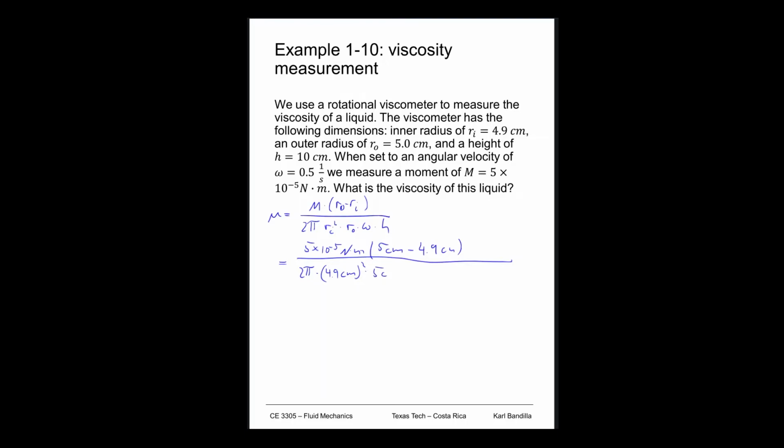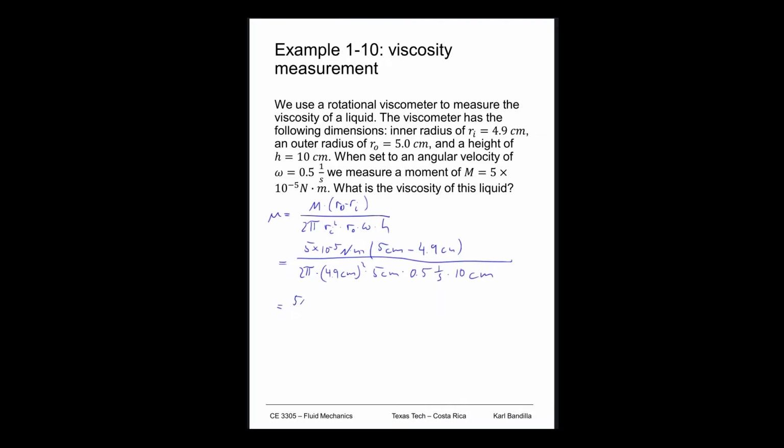Outer was 5 centimeters. Omega was 0.5 1 over seconds. And the height was 10 centimeters. All right, so let's convert these all to regular units.